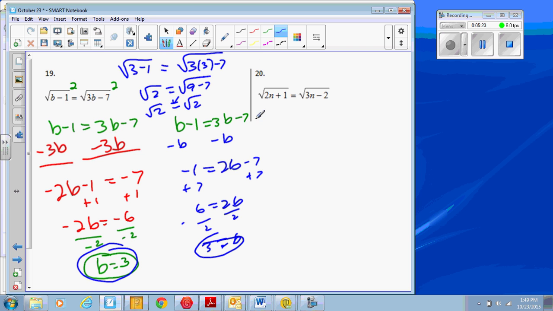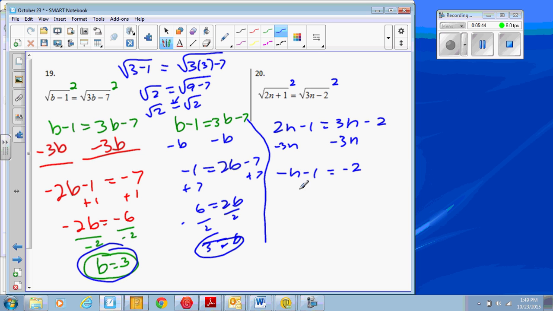Okay, this side over here, same idea. We're going to square both sides. And that gives me 2n minus 1 equals 3n minus 2. However we want to do this, I'm going to subtract 3n from both sides. And I have negative n minus 1 equals negative 2.